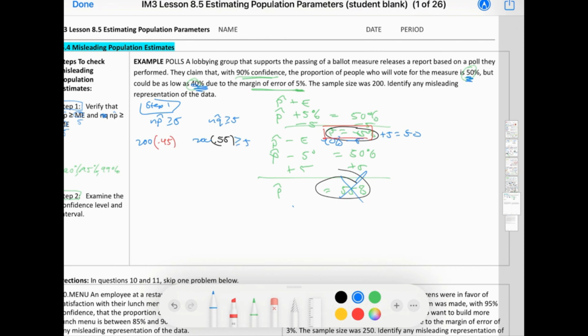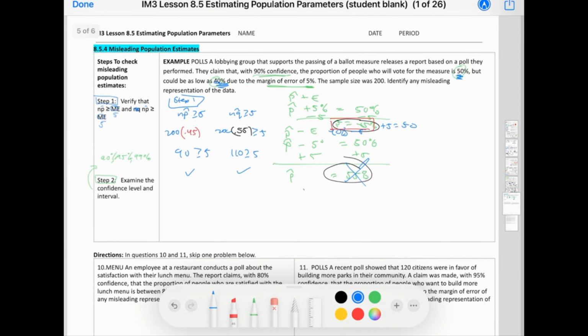So let's just check their conditions. 200 times 0.45 is 90, and that is greater than or equal to 5, and 200 times 0.55 is 110. So it does meet those conditions.